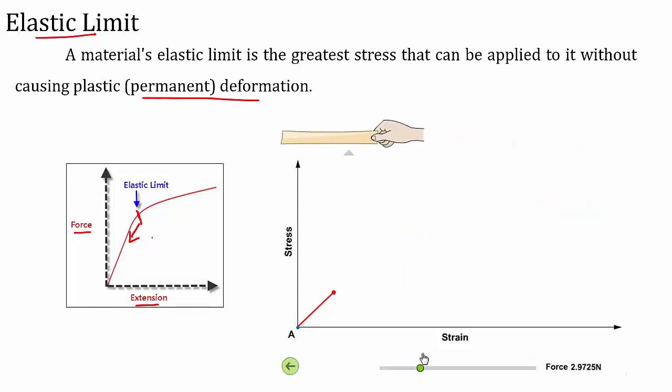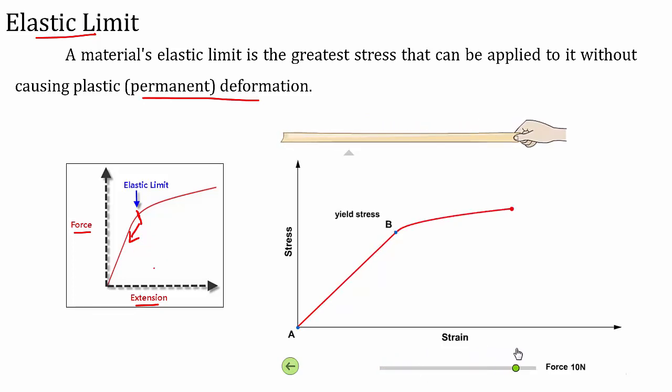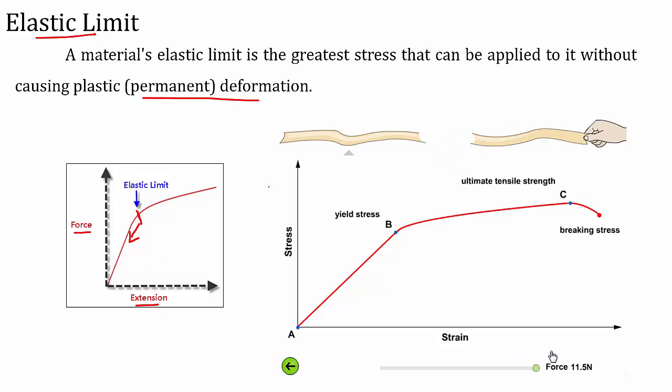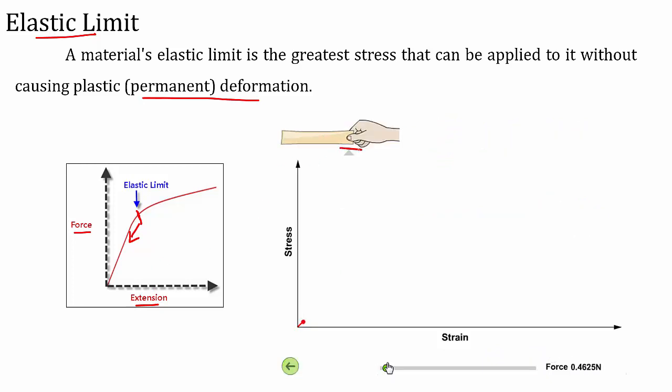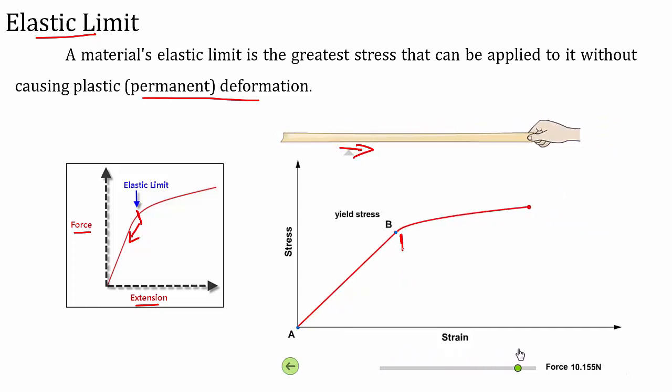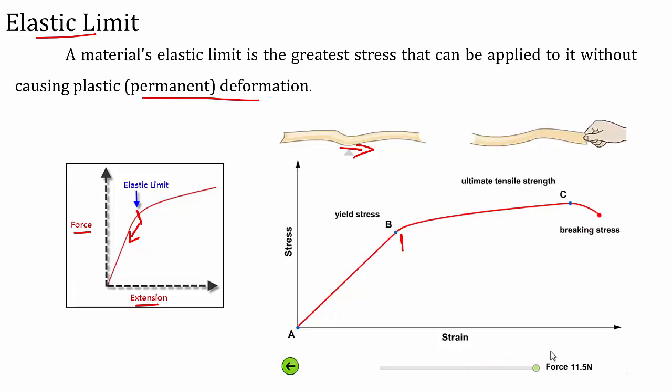Anyway, we are going to see the stress strain curve in detail in the upcoming lectures. Okay. So just a load is applied. You can see the animation here. So I am applying a force. So its stress increases, and after this point it will behave like a plastic material.